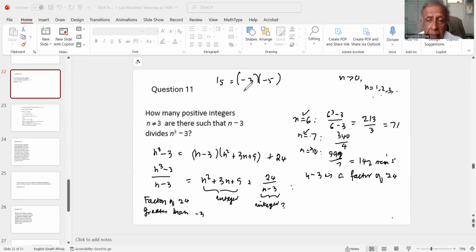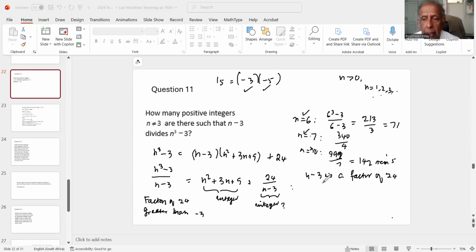And these are integers. So negative 3 is a factor, negative 5 is also a factor. But if you're asking for positive integers, then this is not allowed. Okay, we've already decided that for that to be positive, n is greater than negative 3.